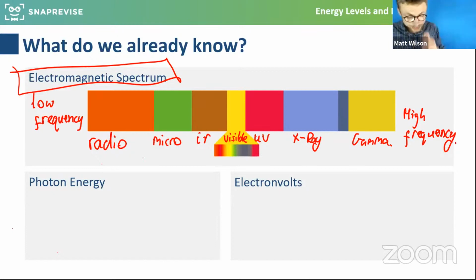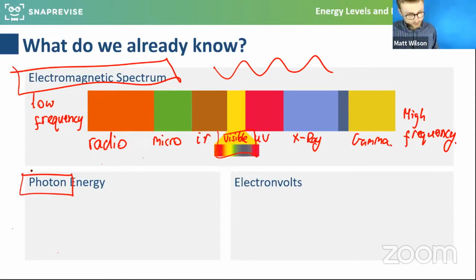You can think about the things in the electromagnetic spectrum as being waves, but we can also think about them as being particles. We call the particles of light photons. These are particles that make up light. And there is a formula for figuring out the energy of a photon, given that we know its frequency.